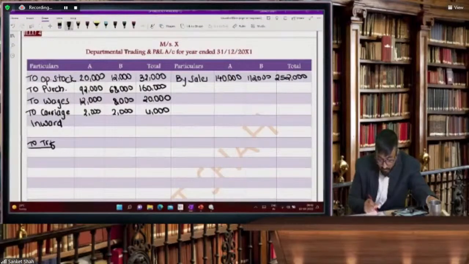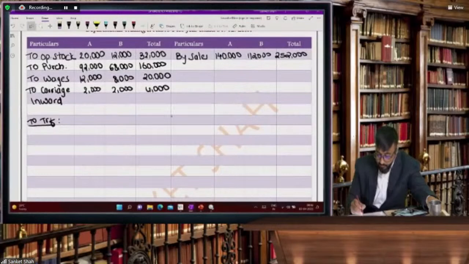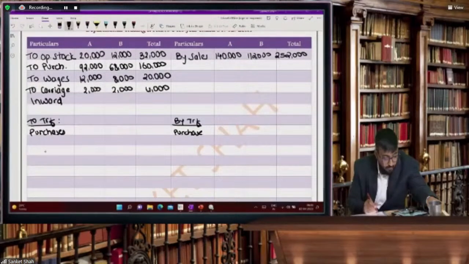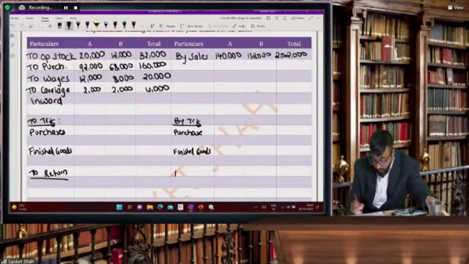To transfer and by transfer. I will write the names first: purchase goods, finished goods. Then return, and I think return is only finished goods.